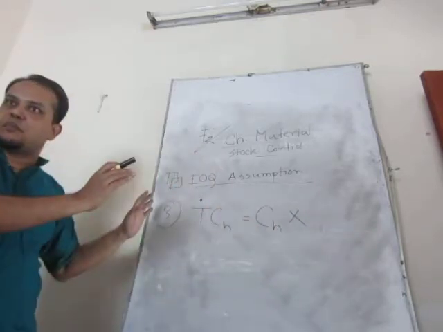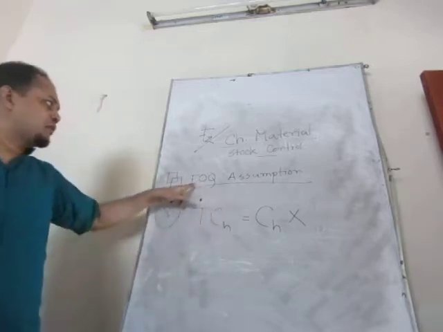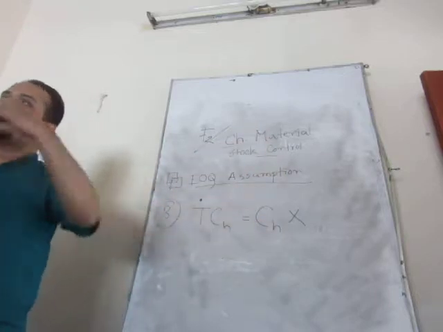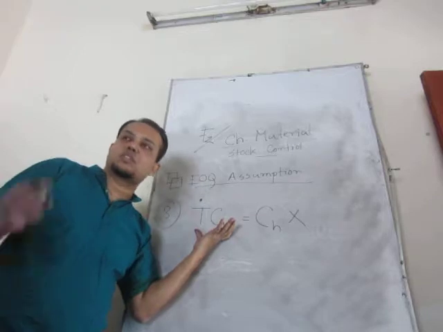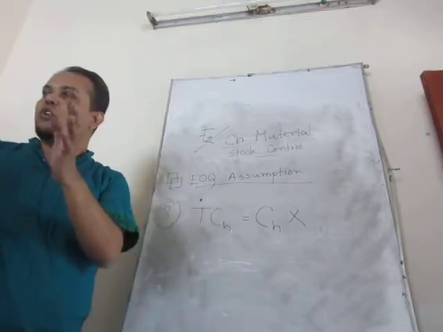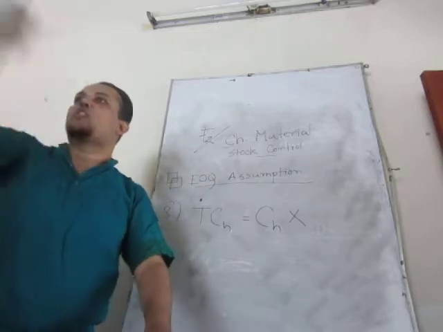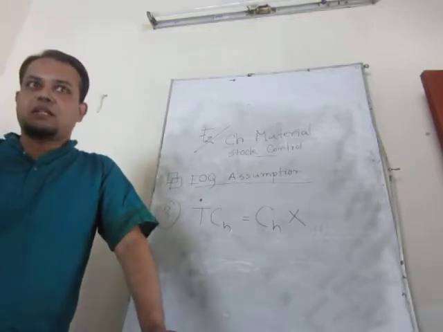But this is a specific model. For this model we have to assume something. That's why it is the EOQ assumption. Here the EOQ is assuming that total CH, or total holding cost, means the amount of cost which is required to hold up the average level of inventory, not the total. So you have to memorize this, right?